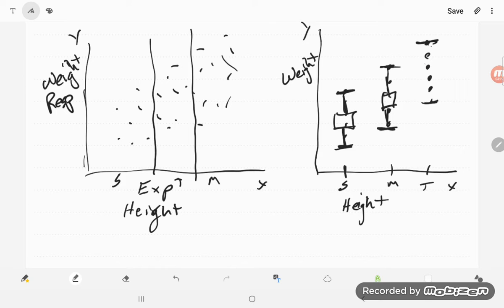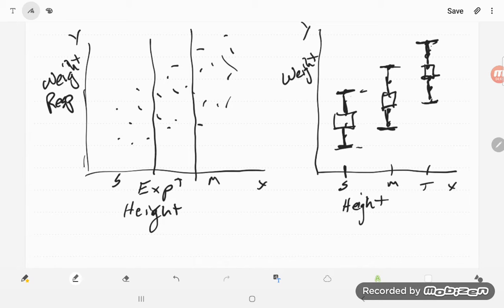With the dots, I can see the max and the min, but that's about it.